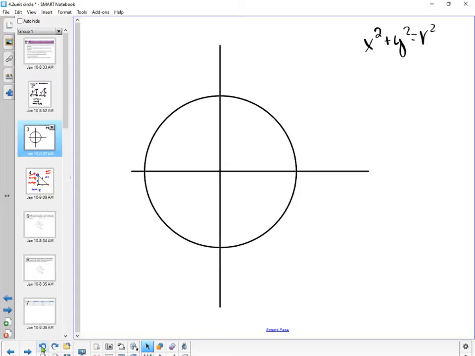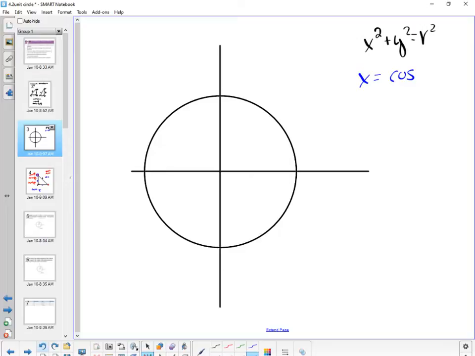We are very used to calling this the x-axis, and this is the y-axis. There are some associations that I need you to make with sine, cosine, and tangent. Whenever we see x that's graphed here, I want you to think cosine.